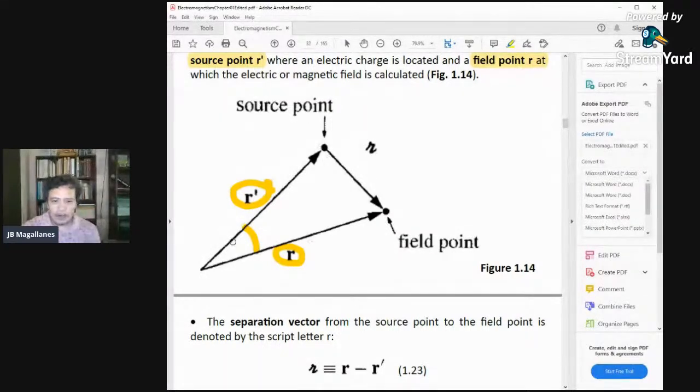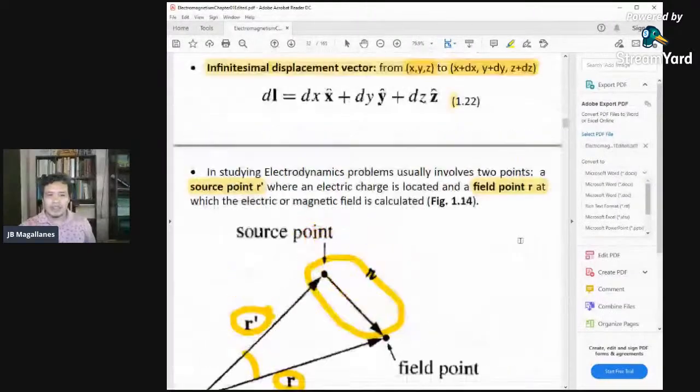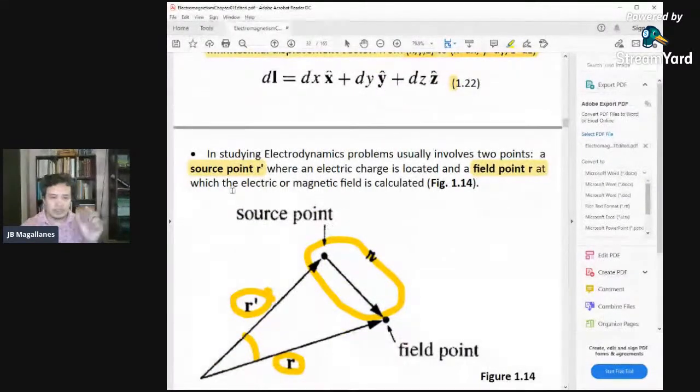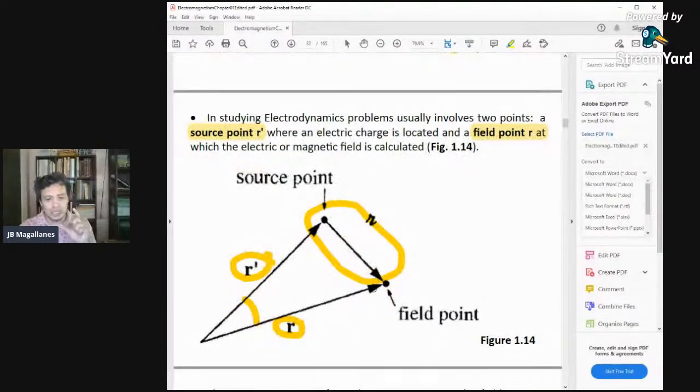So this is r minus r prime. That vector is called the difference, or the separation vector, between point r and point r prime.